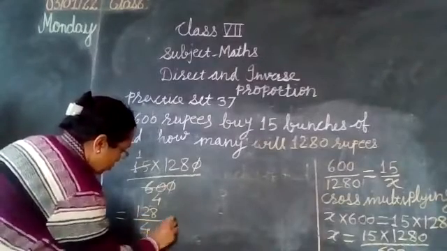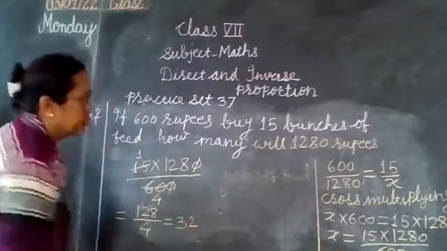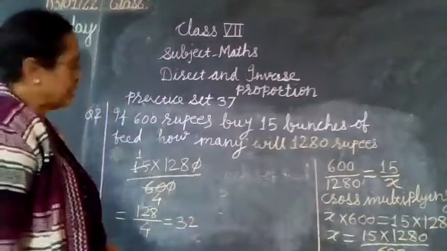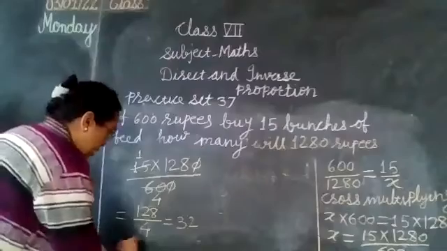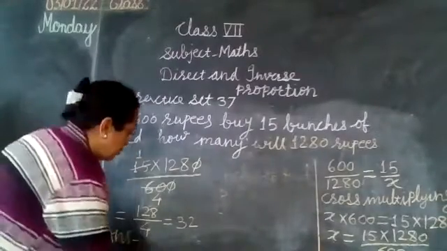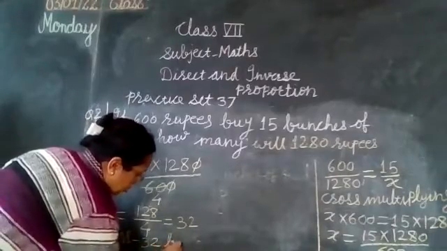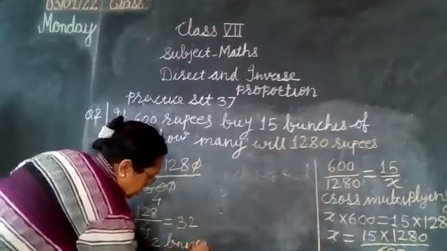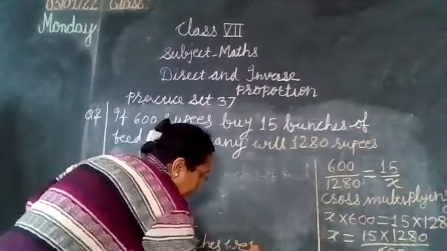So it will give 4 threes are 12 and 4 twos are 8. So the answer is 32 bunches of feed we can buy. We have to write the answer for word problems below. So 32 bunches we will buy.